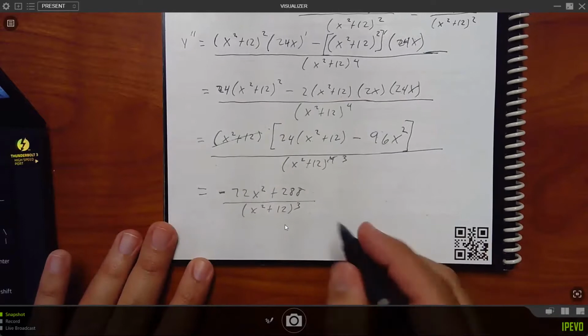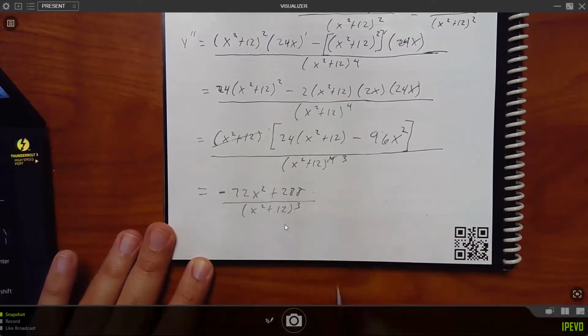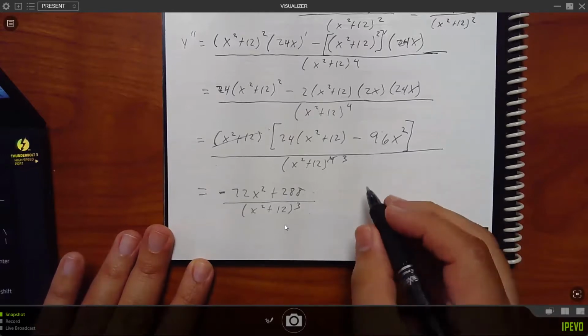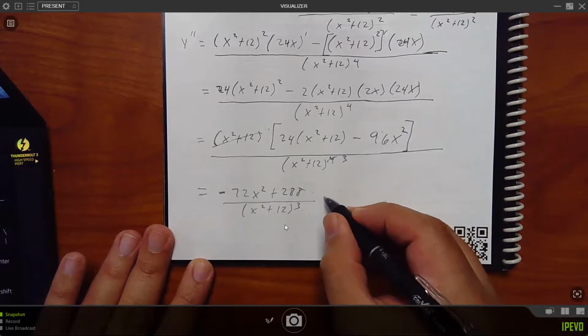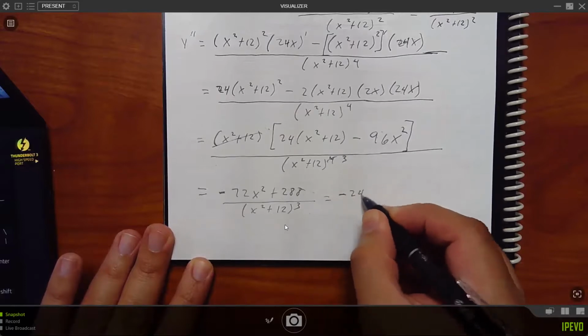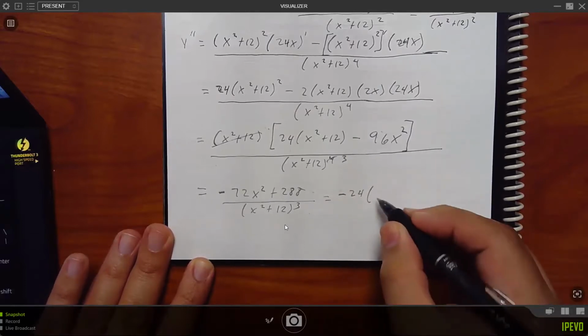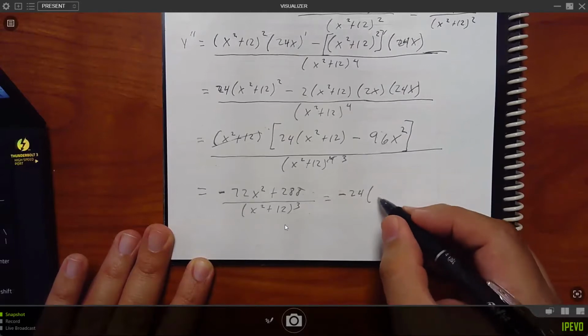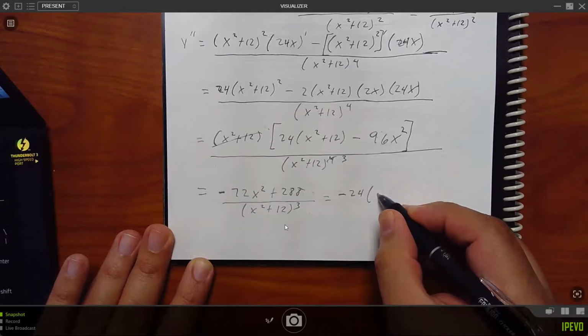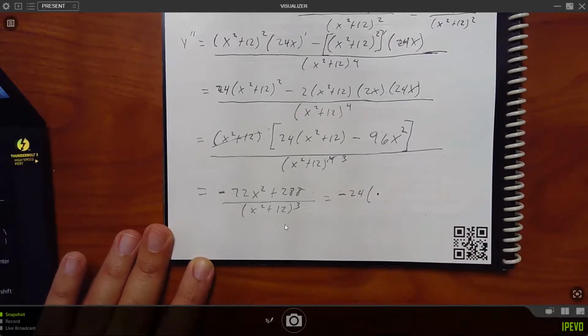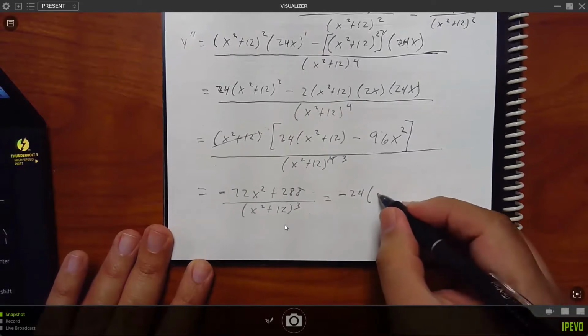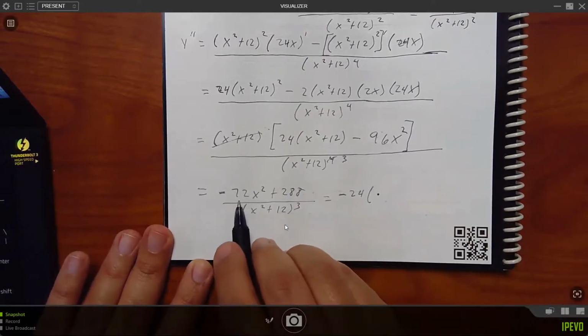All right. These have what in common? 24? Yeah. So we could factor a negative 24 here. Actually, I think something bigger.